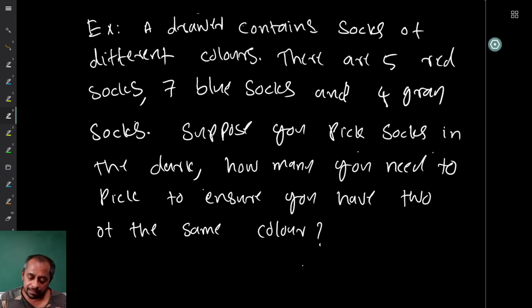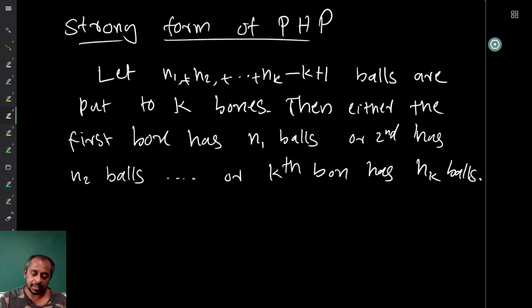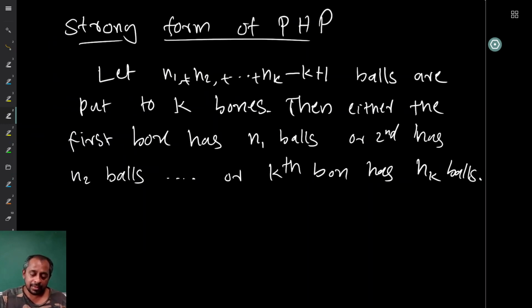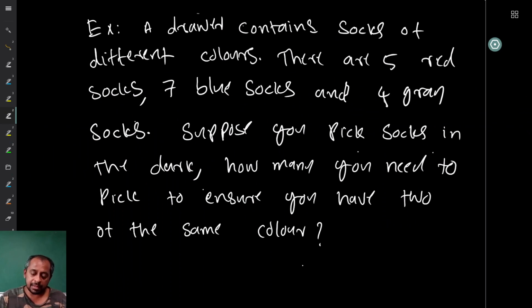So this is a problem very well suited for the generalized version that we are just presenting, the strong form. So you have n1, n2, etc., nk minus k plus 1, right? So what are these numbers that we need to figure out? What are the balls?